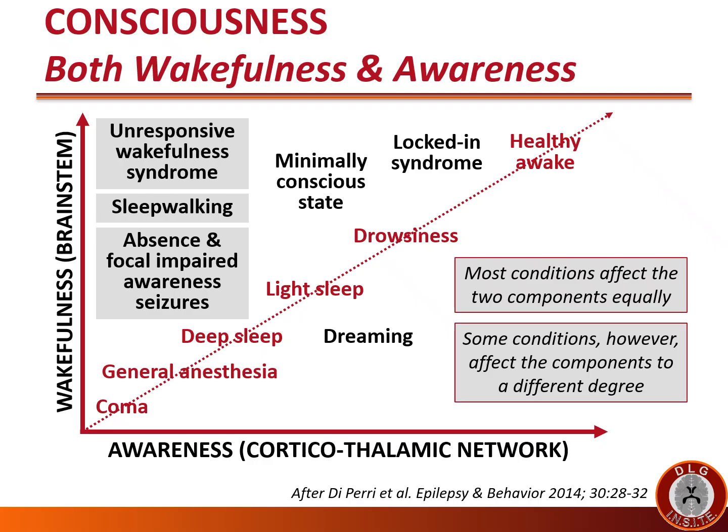And normal sleep runs along the spectrum of the two together, wakefulness and awareness equally affected. A person who's dreaming is a bit more aware but not awake, and a person who has the so-called unresponsive wakefulness syndrome, formerly known as a vegetative state, is awake but not aware. A sleepwalking person, likewise, is more awake and not aware.